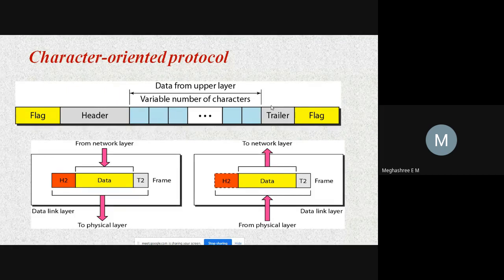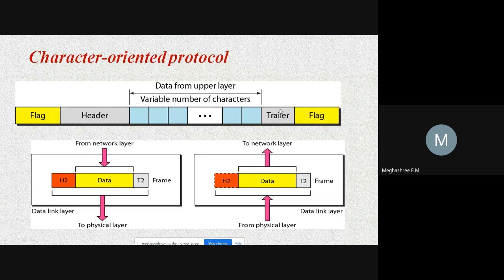Whereas trailer, what does it include? It includes the redundant bits that are used for error control. We studied this in the previous module. The redundant bits added to the data that we include in the trailer help in error control.